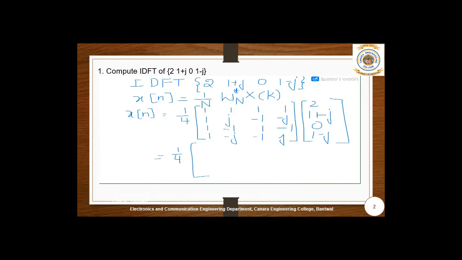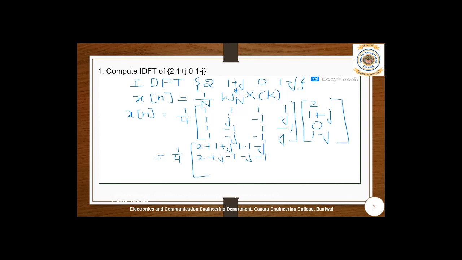It is 2 plus 1 plus j plus 1 minus j. It is 2 plus j minus 1 minus j plus minus 1.